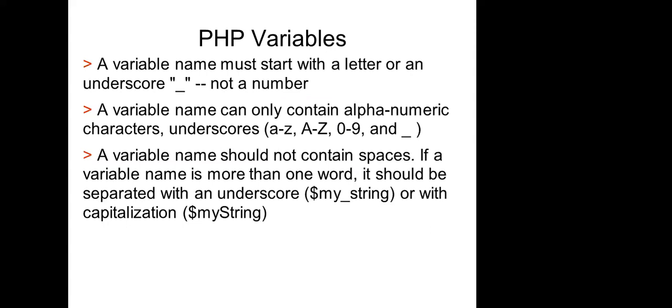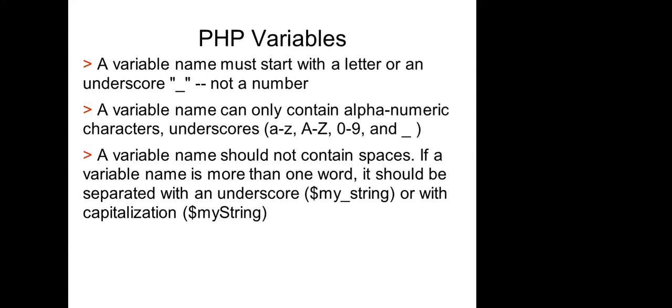Fine. So, PHP variable. Here is the naming convention. A variable name can only contain alphanumeric characters. An underscore can come, and a number can come, but not at the start, only at the end. A variable name should not contain a space; we cannot say first name, space, last name.